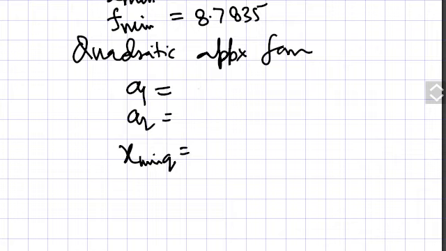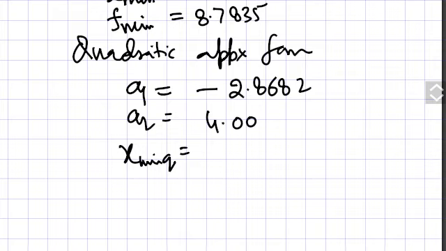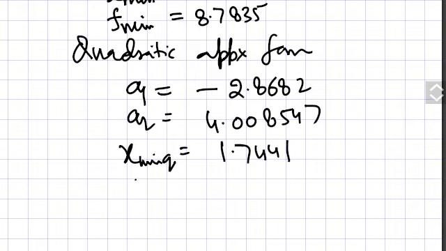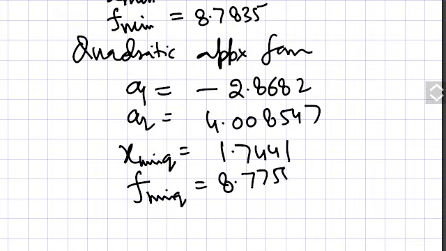So this time you will get 2.8682 and 4.008547, and minimum value you will get 1.7441, and when you will put this value in the function you will find it to be 8.775508.